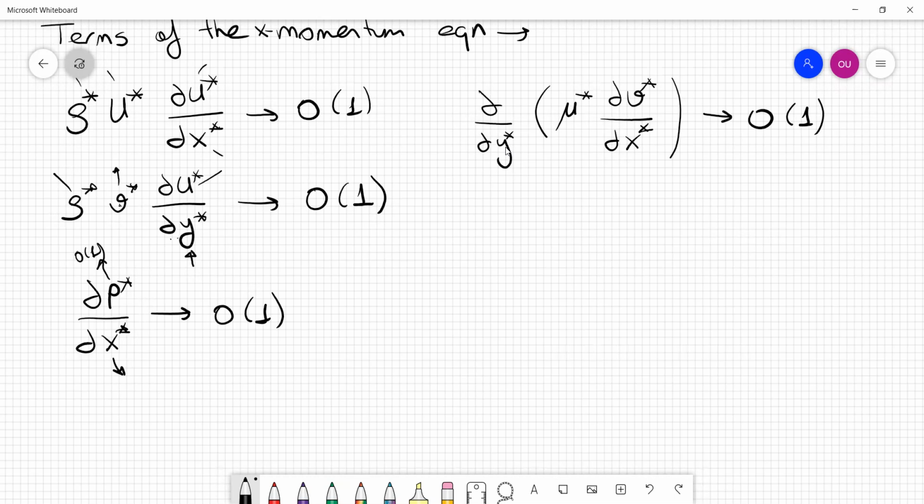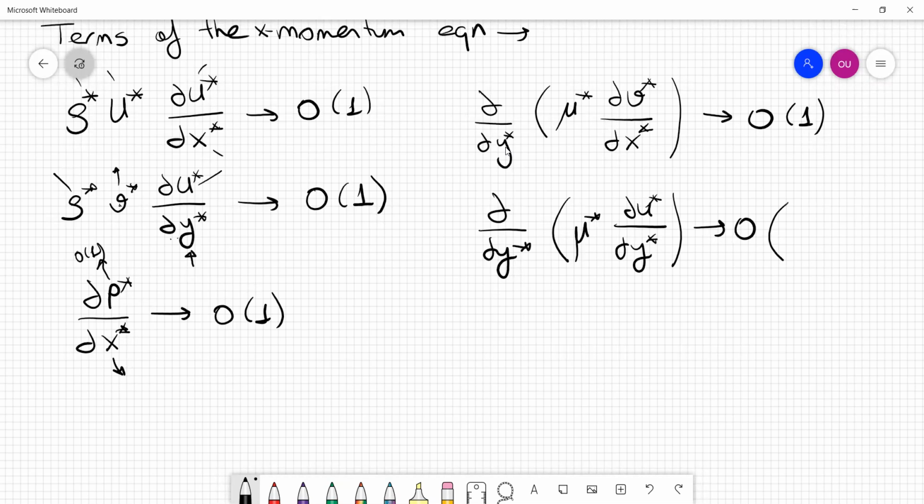But the last term, mu star times the second derivative of u star with respect to y star, is at an order of magnitude of 1 over delta square over c square.